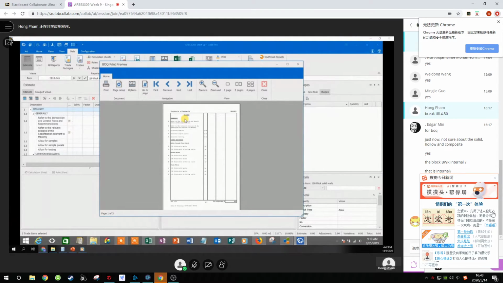Some bill items in the client letters. Okay, for assignment 3, the BOQ hasn't been uploaded. The client letters only mention what kind of trade you want to measure.